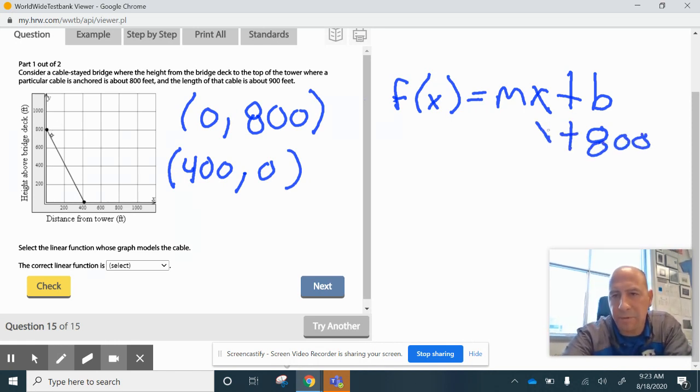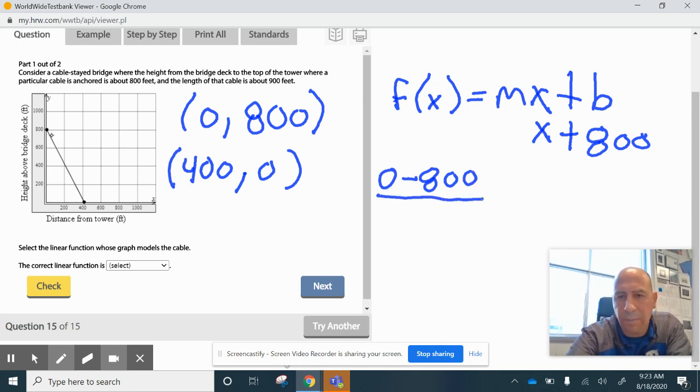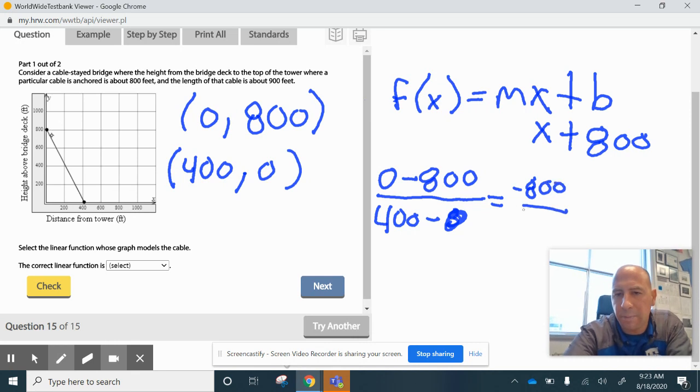And m is the slope. Slope is found by taking 0 minus 800 divided by 400 minus 0. So you're left with negative 800 divided by 400, which is negative 2.